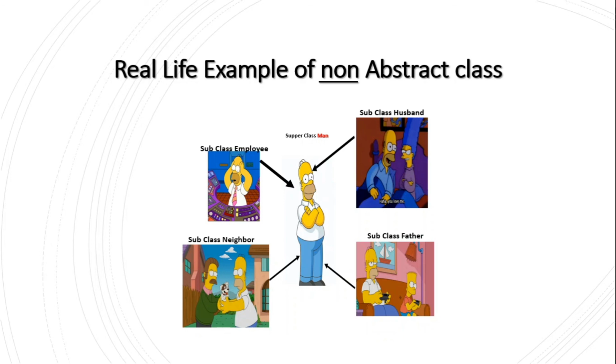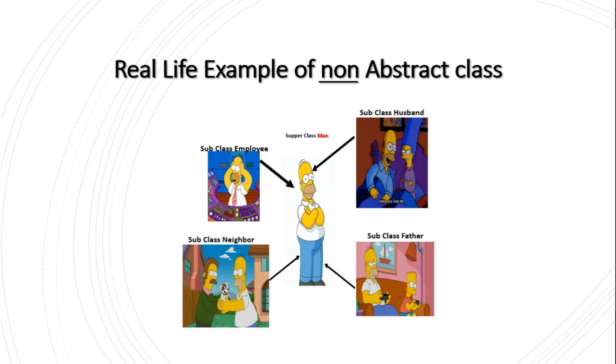From the previous video we said, Homer is a man, and a man will be inherited by other classes like the husband, the father, the neighbor, and the employee. But again, if you think about it, Homer as a man could be an object in the street. You can walk in the street and you can see a man. There's nothing weird about that. But at the same time, you can see a husband, a father, a neighbor, an employee out of that man.